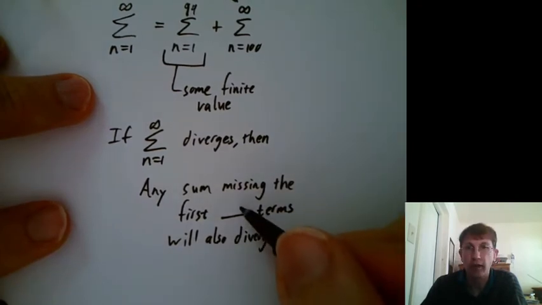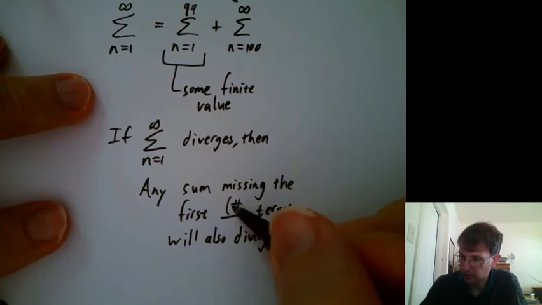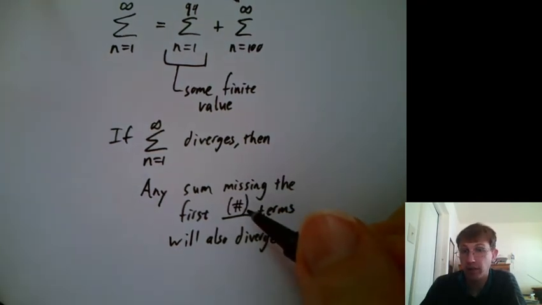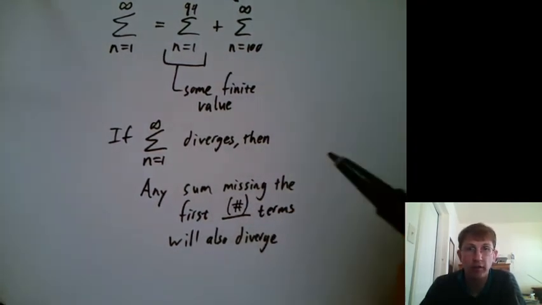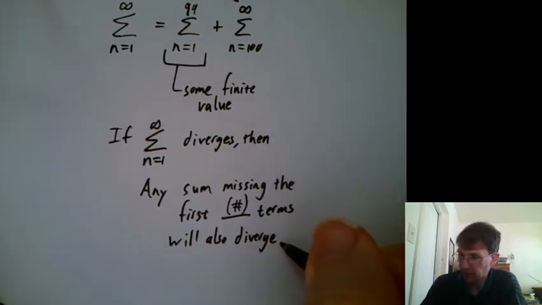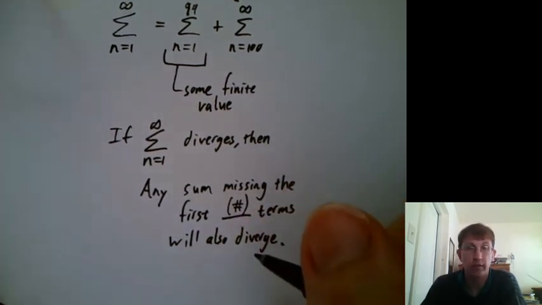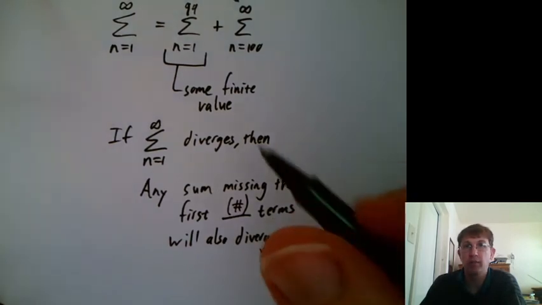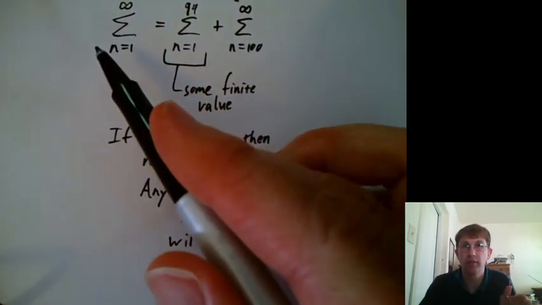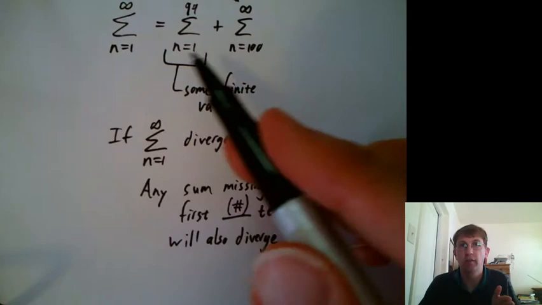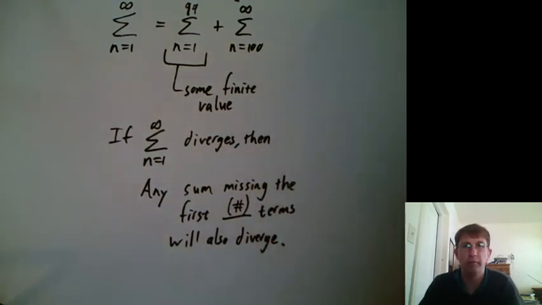And here is some blank number. It's just some number, just as long as it's not infinity. It could be 100, it could be 1,000, whatever. Since whatever it's missing is just some finite number, it can't make up the difference between the infinity answer we get over here and what we might be thinking we'd get over here.